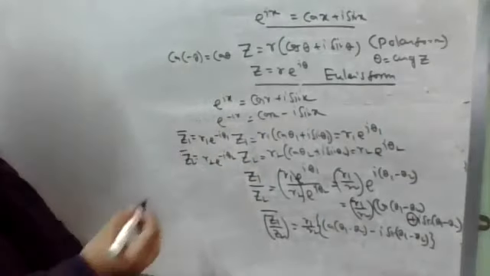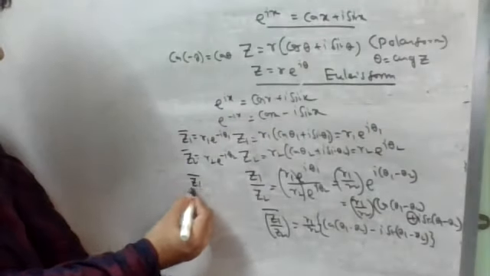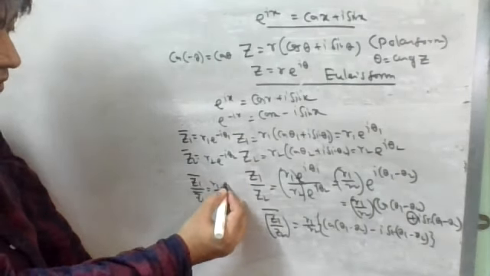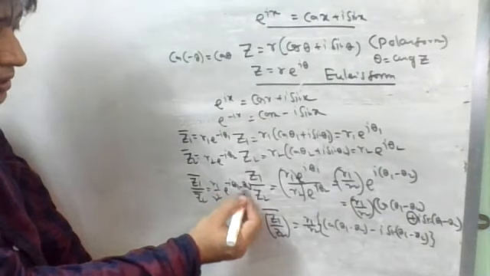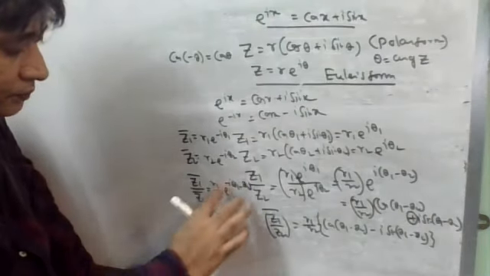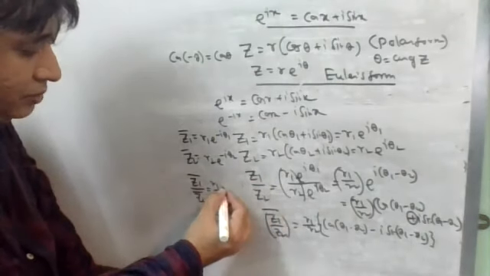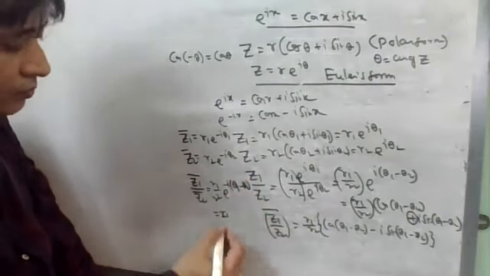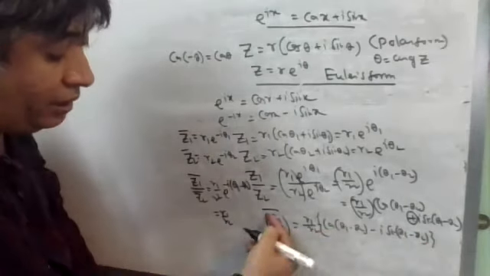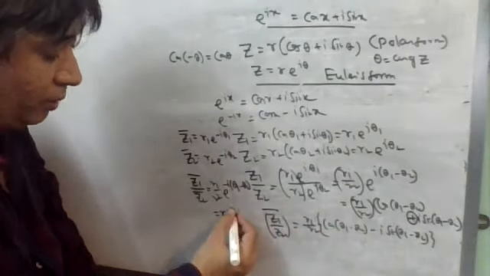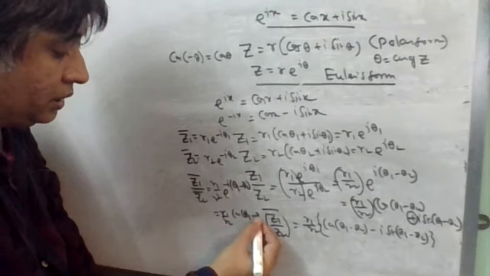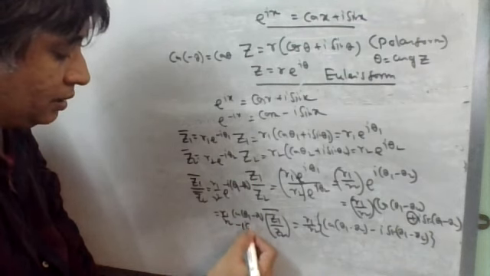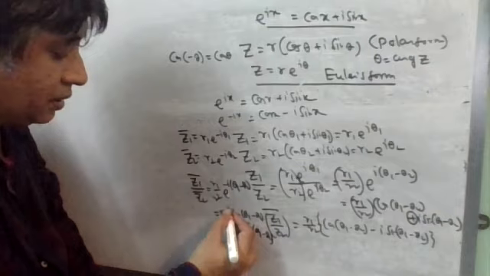Now, in the same manner, you divide Z1 bar by Z2 bar, r1 by r2, laws of exponent, e to the power minus i (theta 1 minus theta 2). That will give you the same thing which was already represented by Z1 by Z2 whole bar: cos (theta 1 minus theta 2) minus i sin (theta 1 minus theta 2).